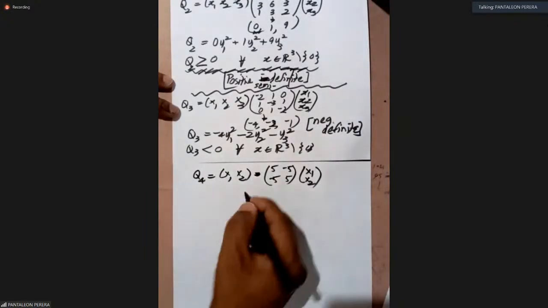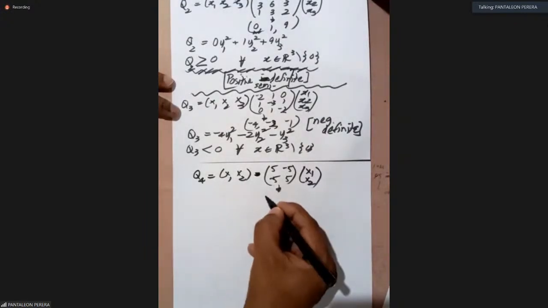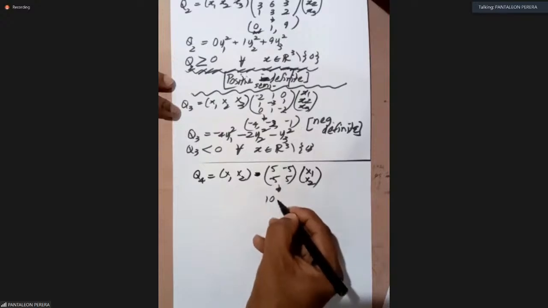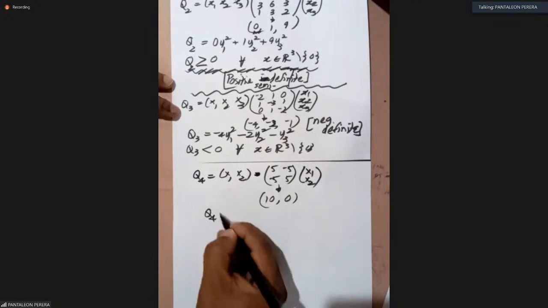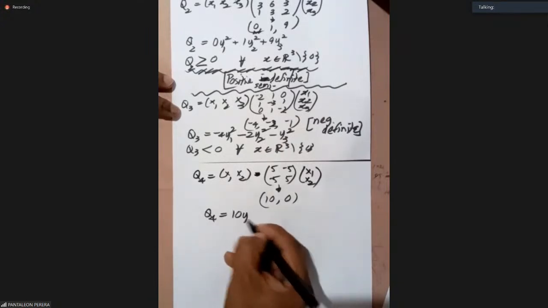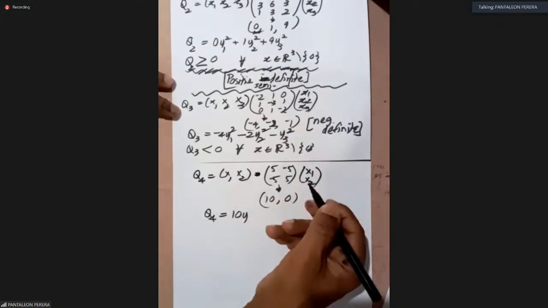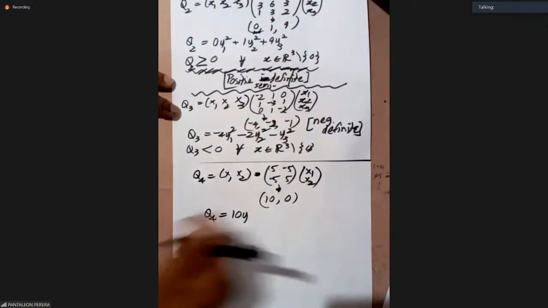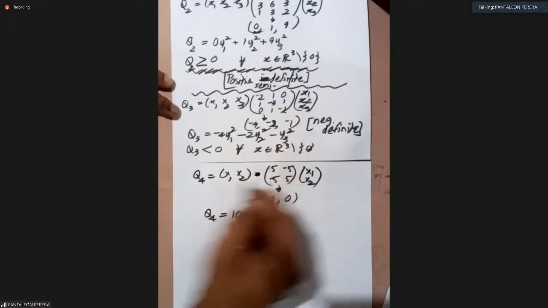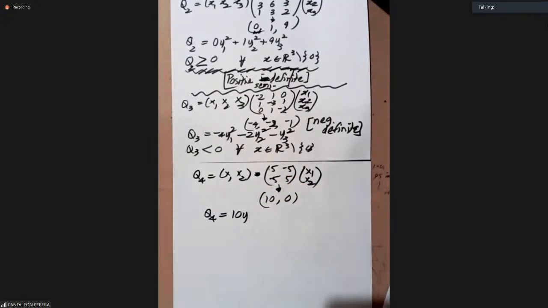This is also a quadratic form. Here you get eigenvalues as 10 and 0. Therefore, sorry. I put all minus. No. How can I get this?